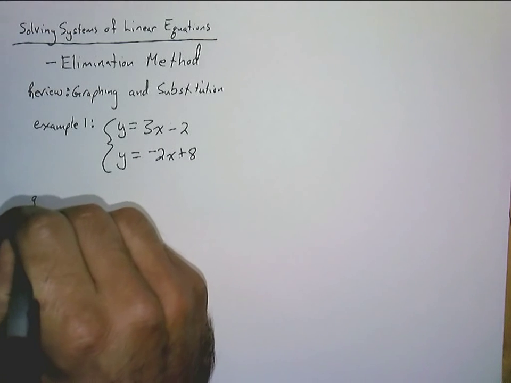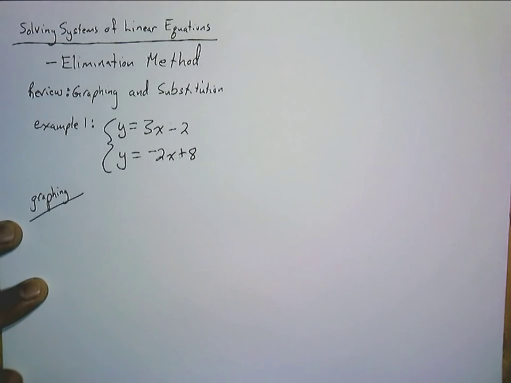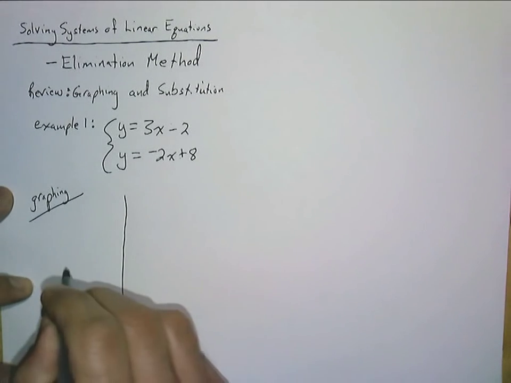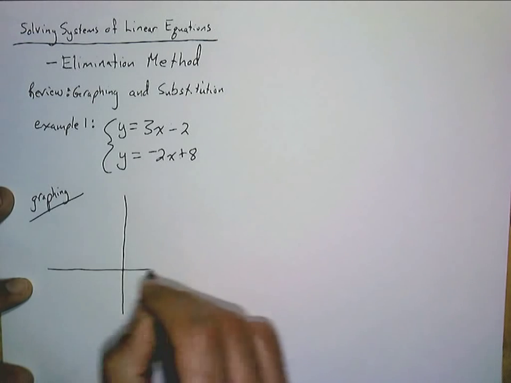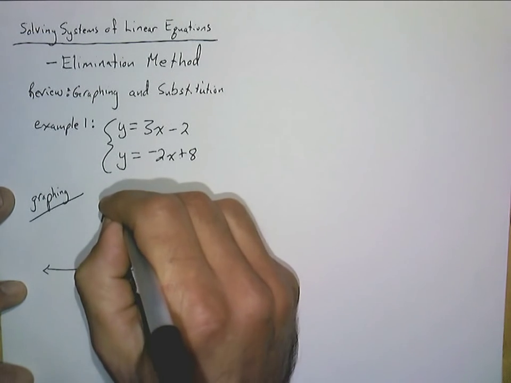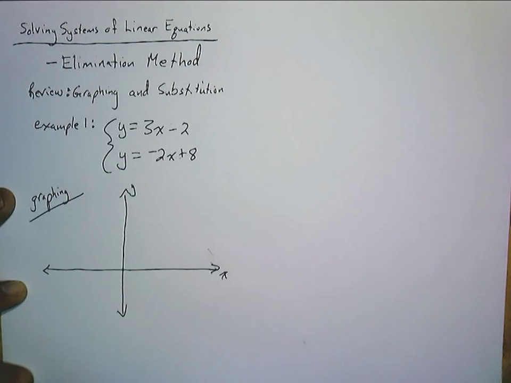So first, graphing. I'm just going to do a rough sketch. Of course, you'd want to use graph paper, but I think we can get the idea here. There's the x-axis and y-axis.